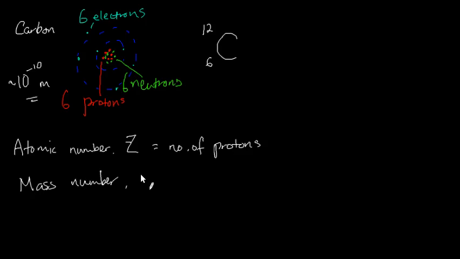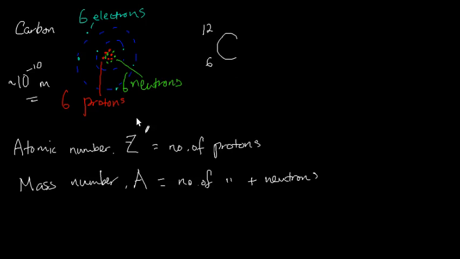We might sometimes see the letter A used to represent that. So this would be the number of protons plus neutrons. Okay, so that's the mass number, and that's the symbol that we would see quite a lot in nuclear physics.